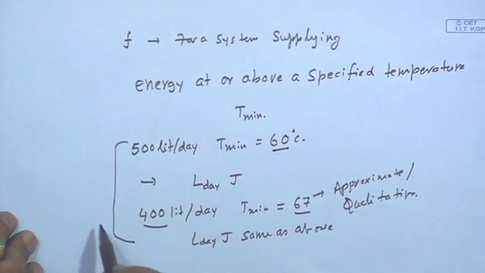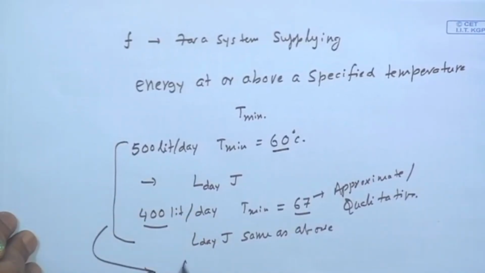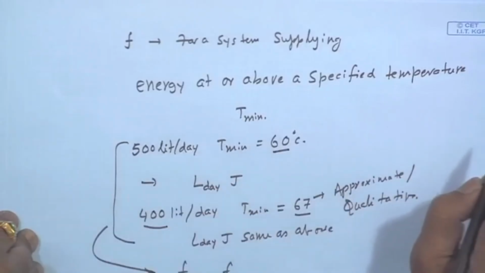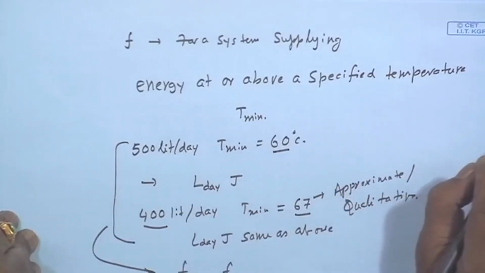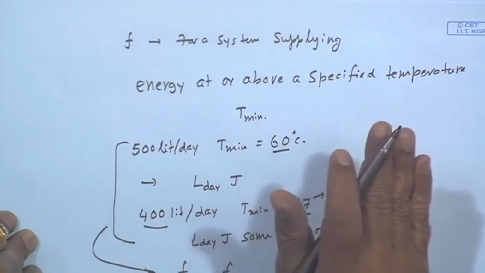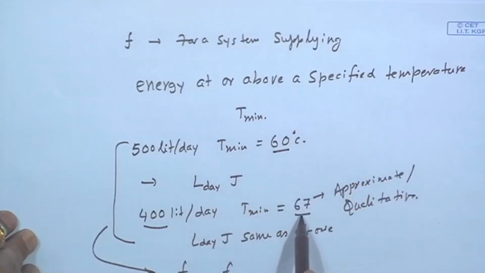The contention is load fraction will be F1 and F2. Even though the load required or load on the system is the same, if it is being supplied at 60 degrees centigrade, my solar load fraction will be something, and if it is supplying at a minimum of 67 degrees, the solar load fraction differs.